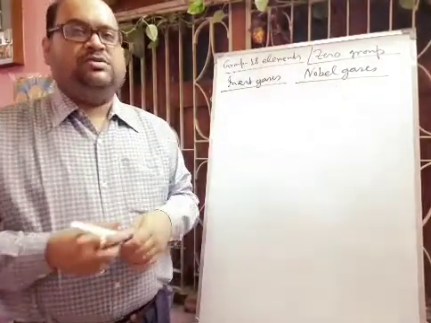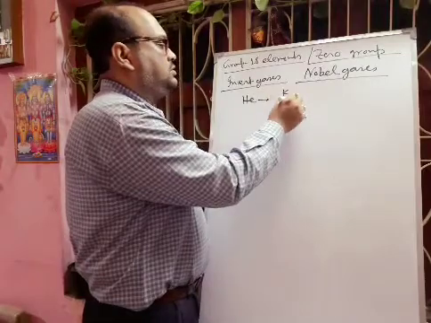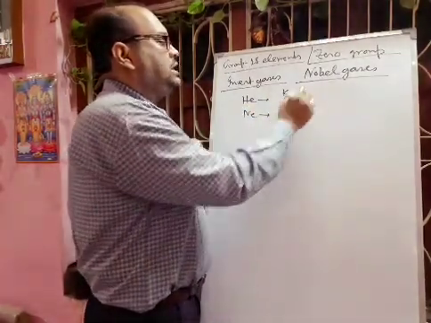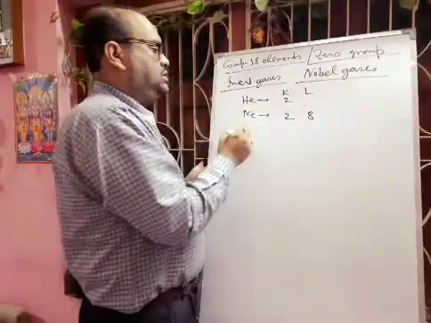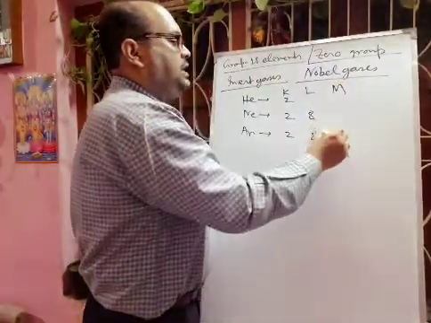Now what is the electronic configuration of these elements? Helium in the K shell has only 2 electrons. Then neon has 2 electrons in the K shell and 8 in the L shell. Then argon has 2, 8, and in the N shell there will be 8 electrons.